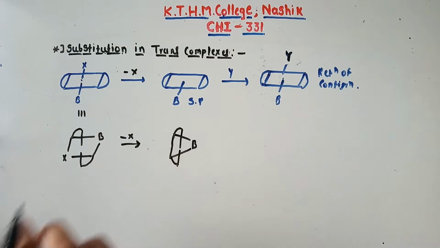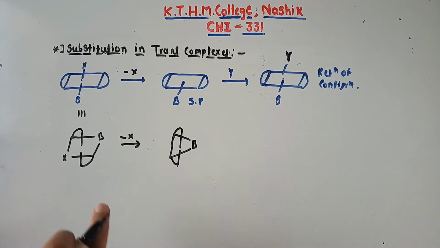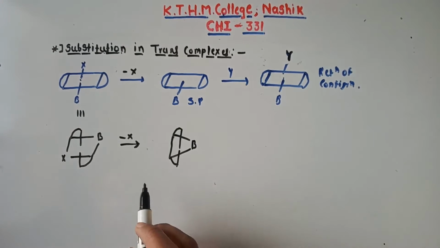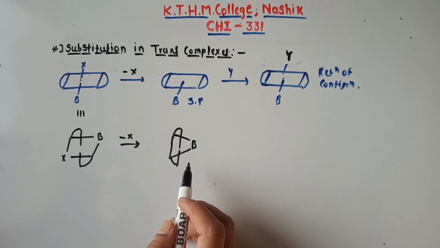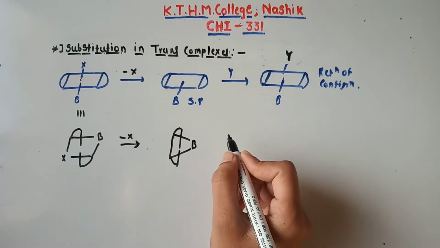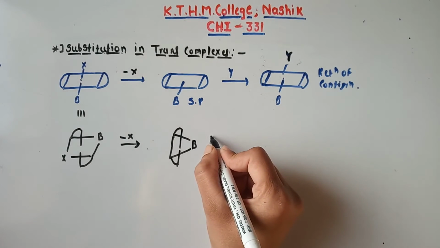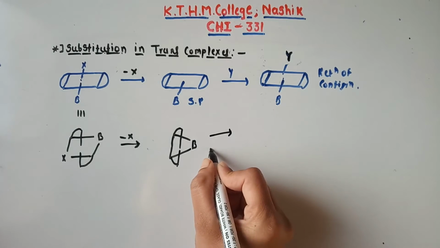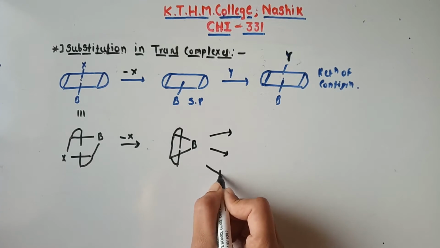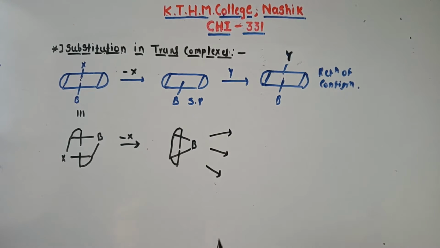If you draw the trans complex like this, we get a trigonal bipyramidal intermediate with B in the trigonal plane, which gives a mixture of cis and trans, meaning here again there are three possibilities of product. How?